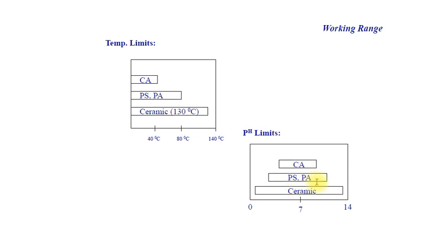For polysulfones and polyamide, the range is bigger. It may start from 4 to 8 or 9, and for ceramic membranes the range is bigger still, around 2 to 12. So this is the pH range of the different types of membranes.